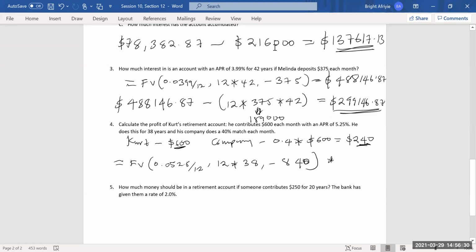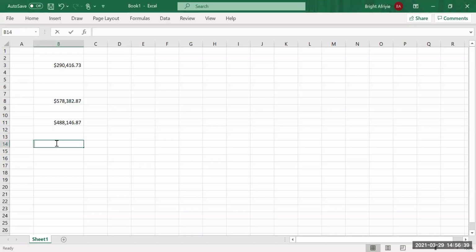Okay, whilst I do that here as well, I'm going to share my Excel one more time. And for Kat, we do equal sign FV, and this is 0.0525 divided by 12, comma, all right.